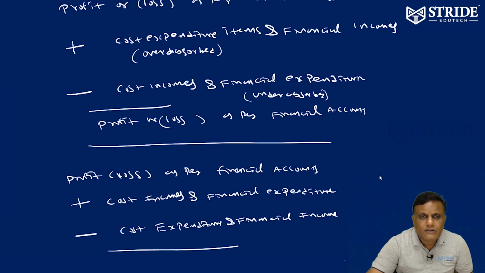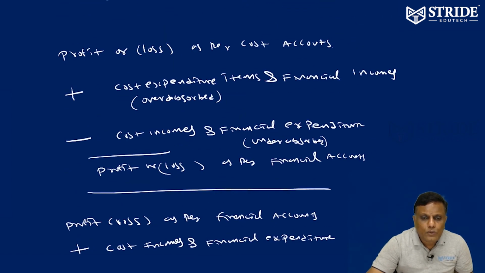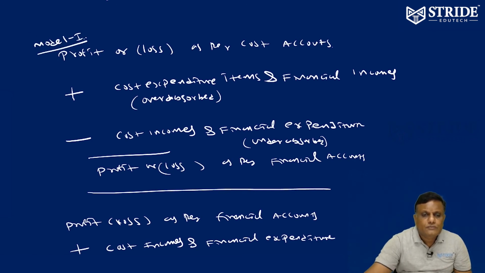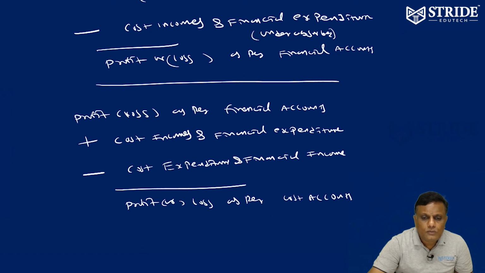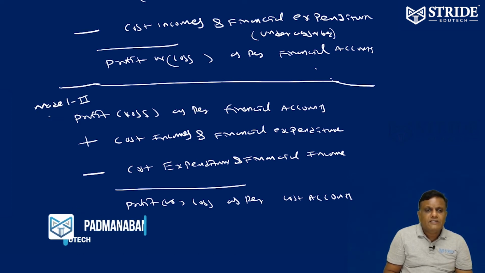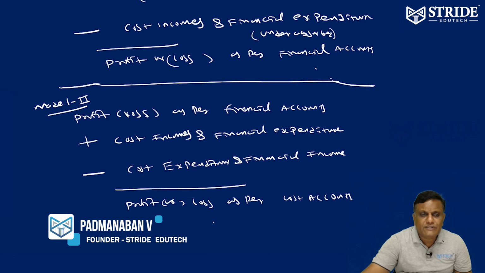So these are the only models available. This is model 1, model 2. Model 1: profit as per cost accounts is the starting point, and profit or loss as per financial accounts is the ending point. Model 2: profit as per financial accounts is the starting point, and profit or loss as per cost accounts is the ending point.